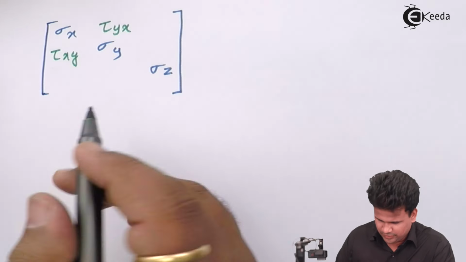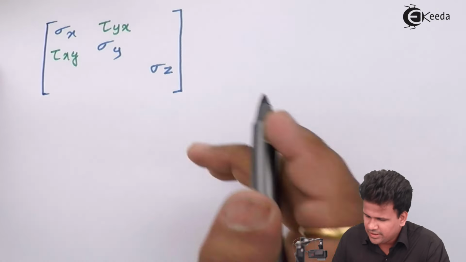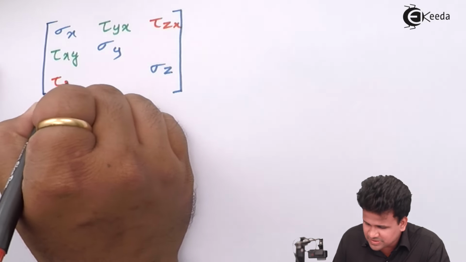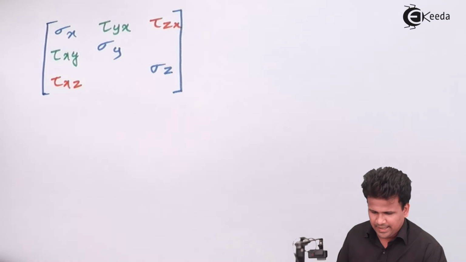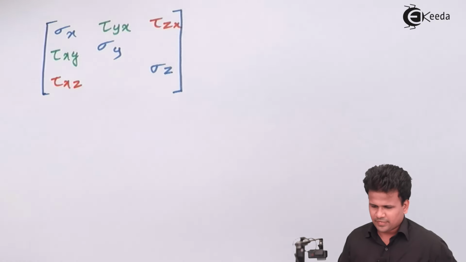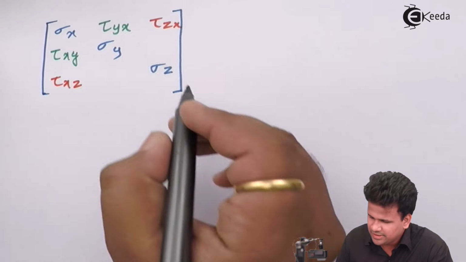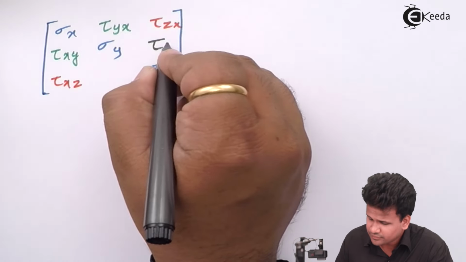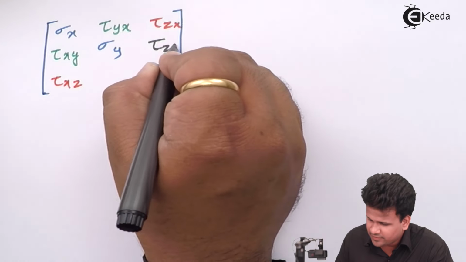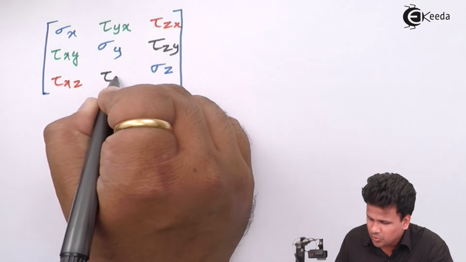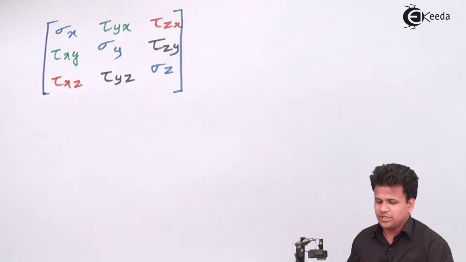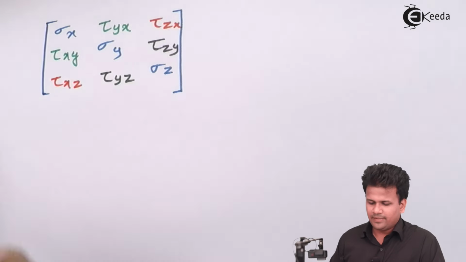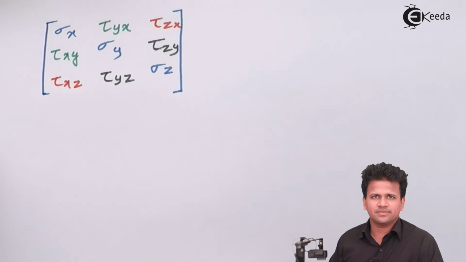Next, tau of z plane x direction, tau of x plane z direction, and the last part, tau of z plane y direction and tau of y plane z direction. So all these 9 terms form a stress matrix.